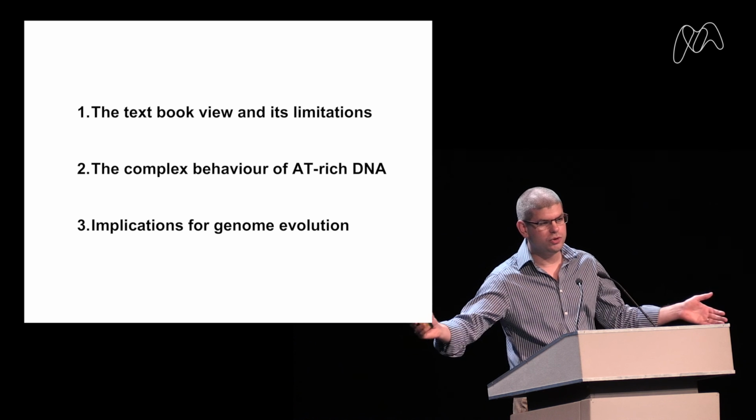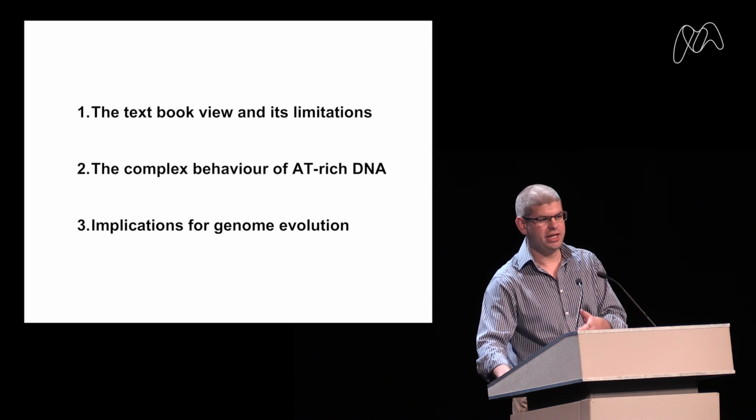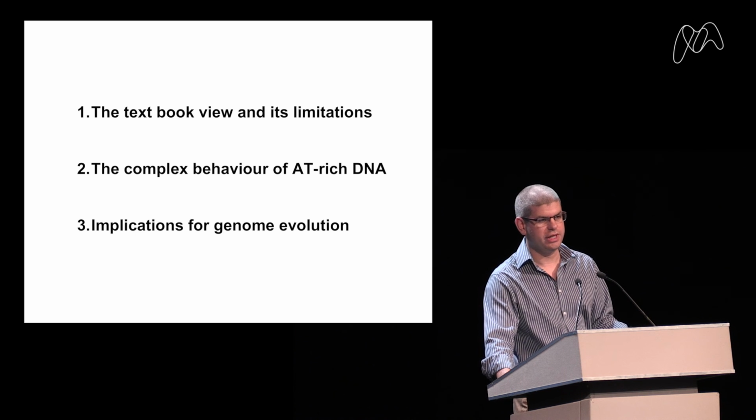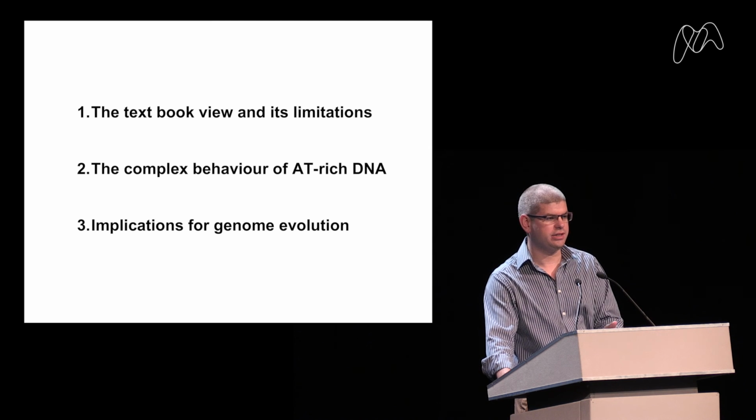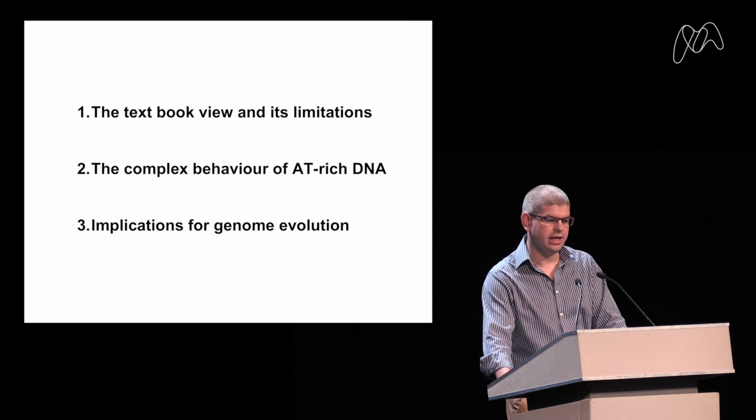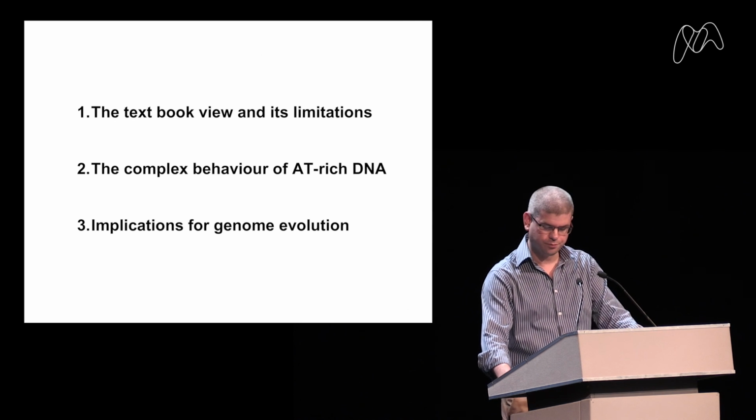So I'm talking about huge chunks of DNA containing many genes with an elevated AT content. I'm going to try and convince you that these sections of DNA are very prone to spurious transcriptional events. Obviously, this has implications for genome evolution, and I'll get to that at the end of the talk.